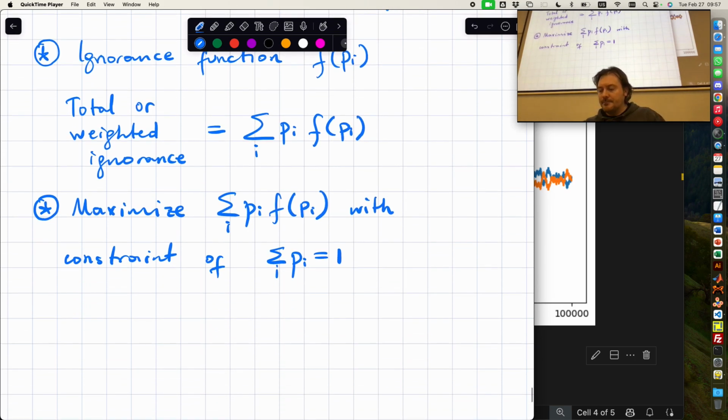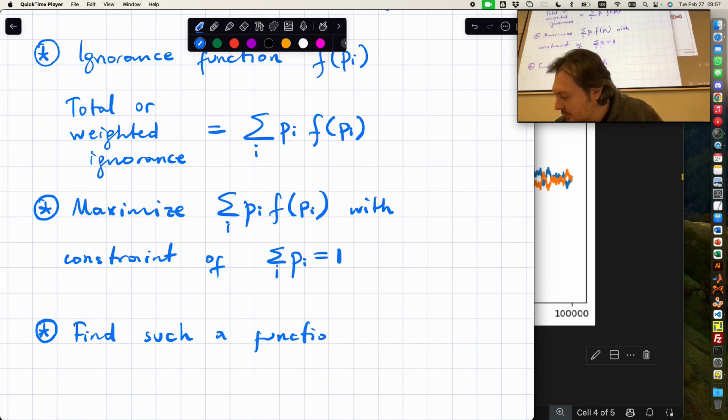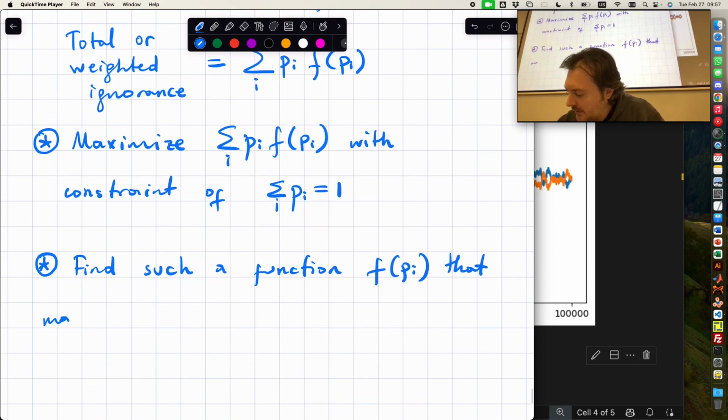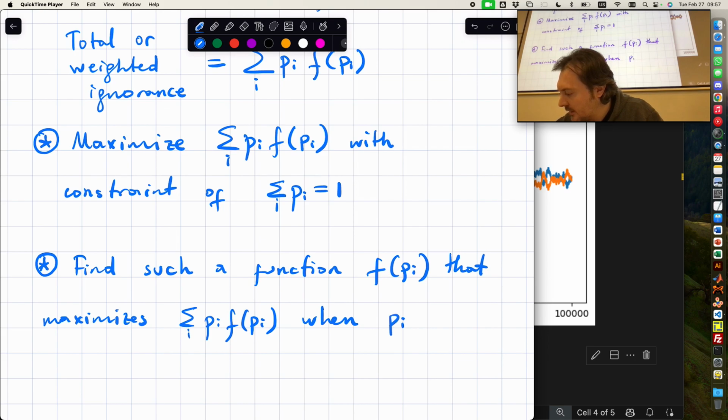We have another mission here. We want to find such a function f(pi) that maximizes this thing when the pi's are equal.